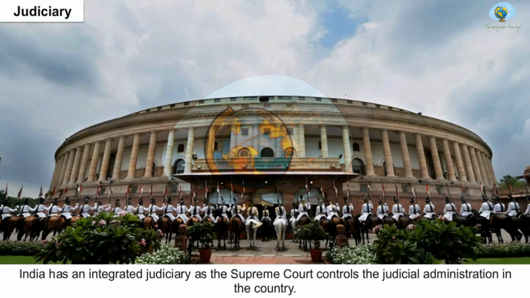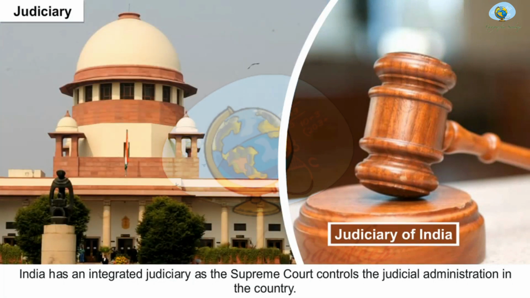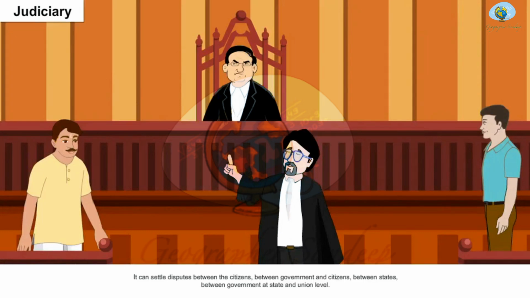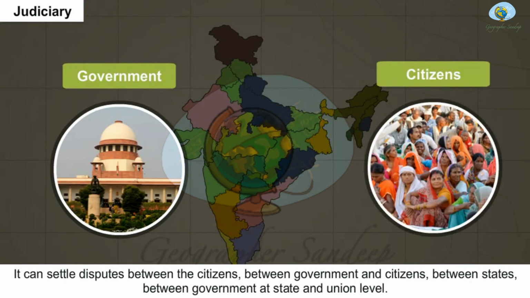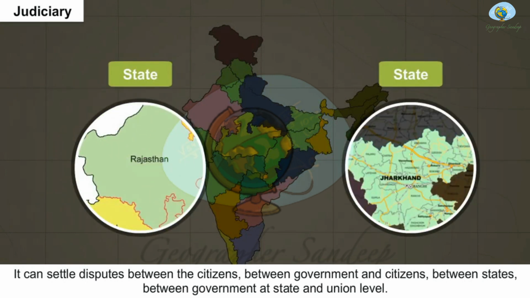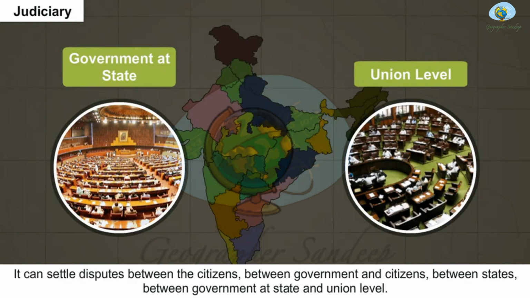India has an integrated judiciary as the Supreme Court controls the judicial administration in the country. It can settle disputes between the citizens, between government and citizens, between states, between government at state and union level.